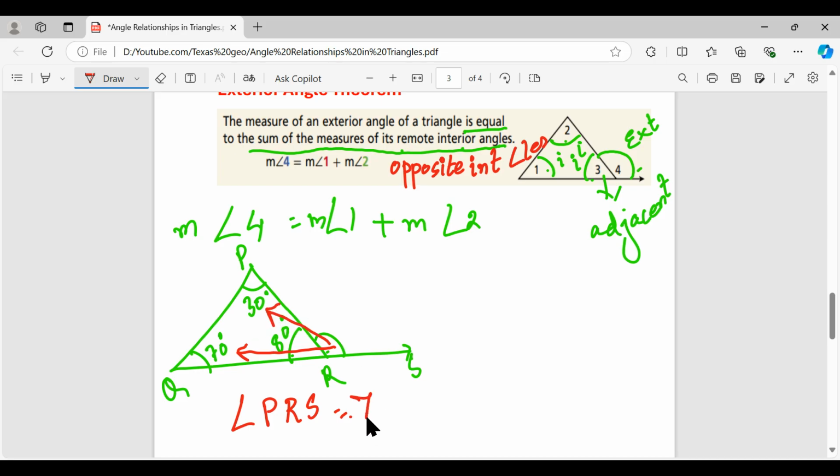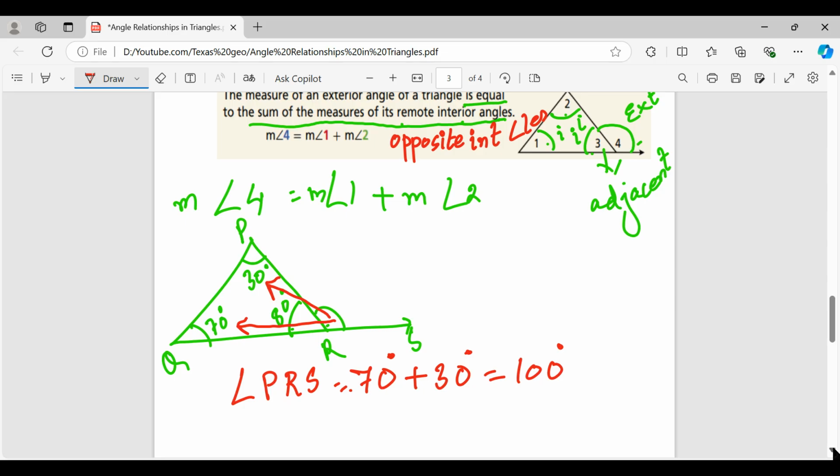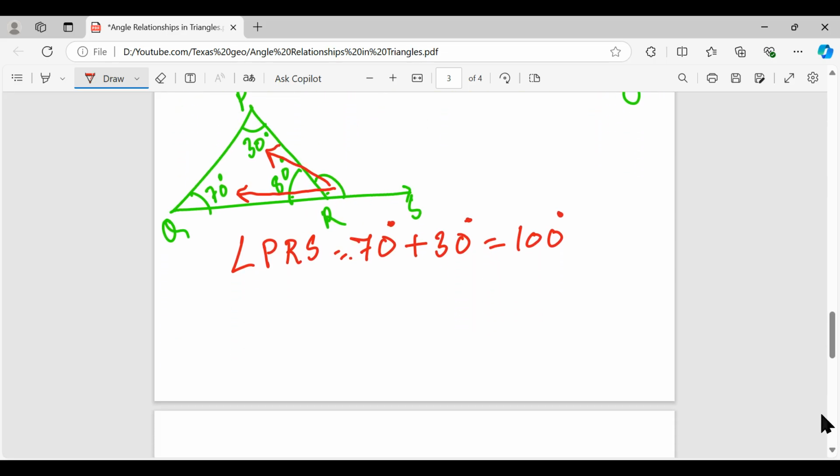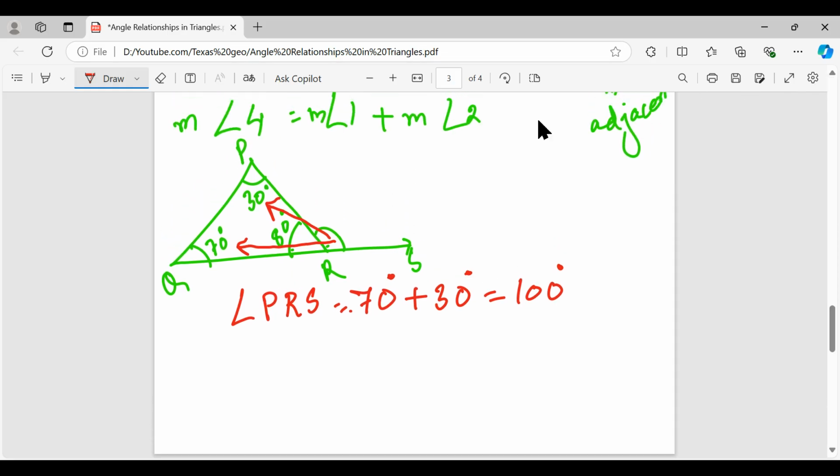So this will be equal to 70 degrees plus 30 degrees, so that is 100. This is a very important theorem. You get many questions based on this, and when you are studying geometry, there are many things based on this.